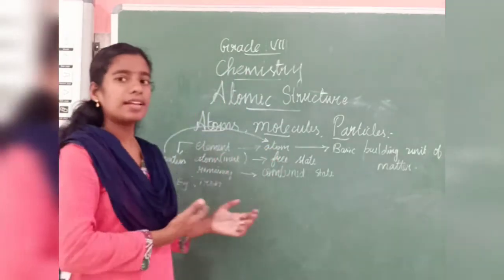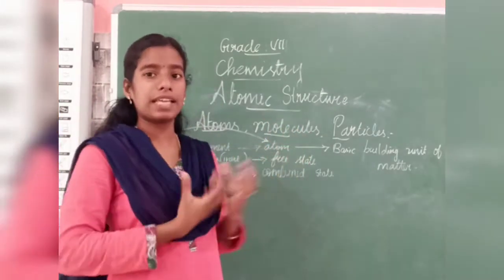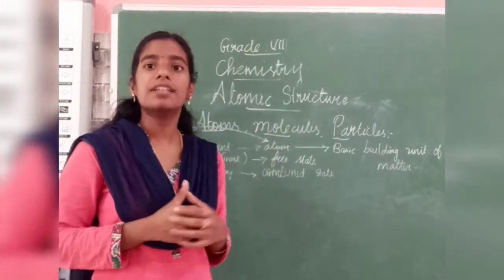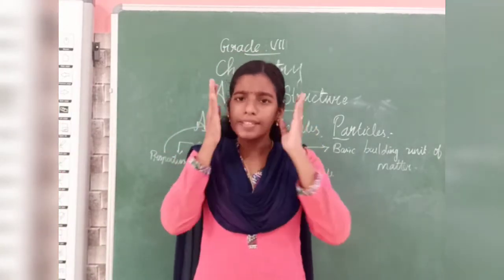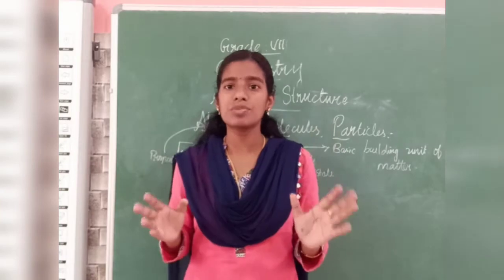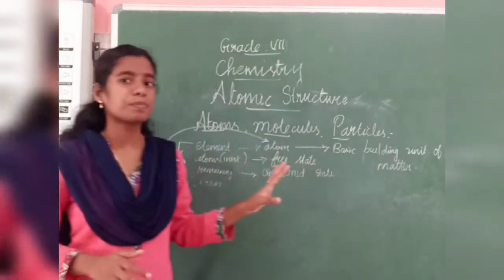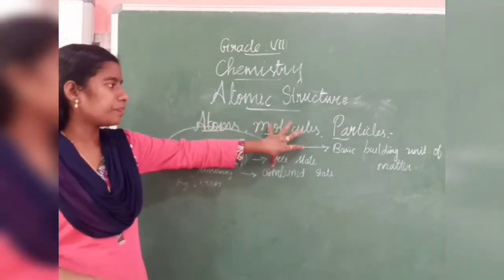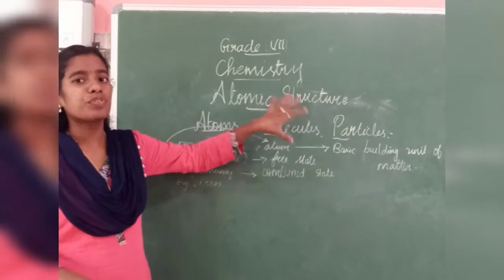But when this iron gets into contact with water and the oxygen present in the air, it starts rusting. Before rusting, when it is iron, it is purely made up of the atoms of iron. So clear about these atoms? The atoms combine to form this element.